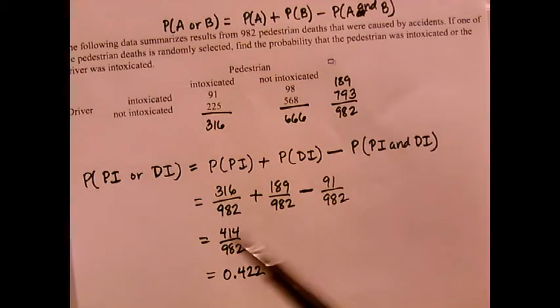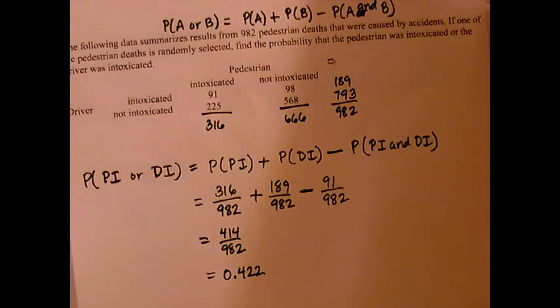When you do this on the calculator, you have to enter the 414 first and then divide it by 982, because your probability has to be a value between 0 and 1. So 0.422 represents the probability that a randomly selected pedestrian death was where the pedestrian was intoxicated or the driver was intoxicated. Okay.